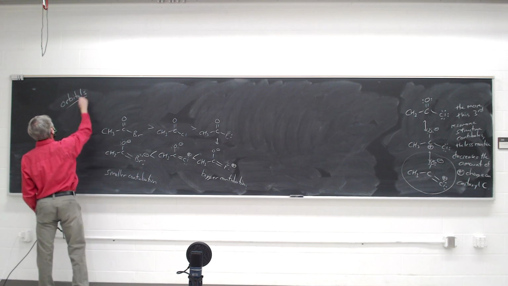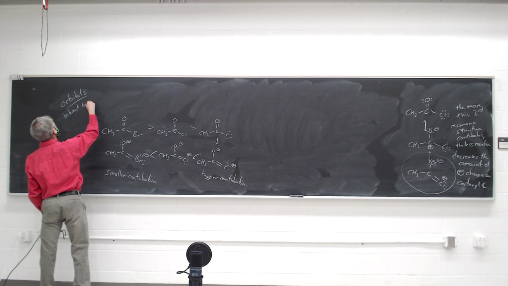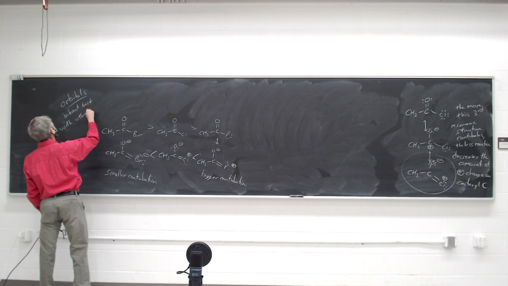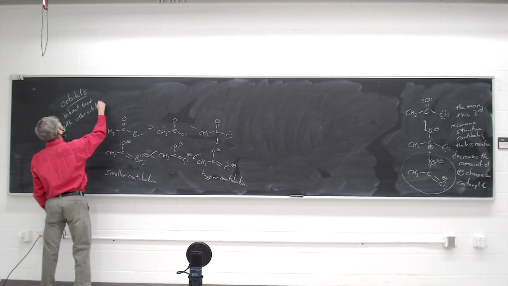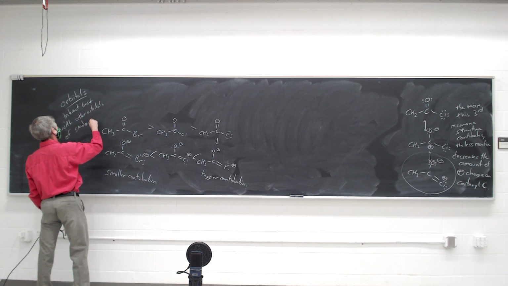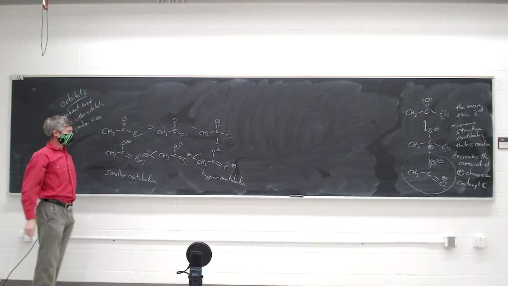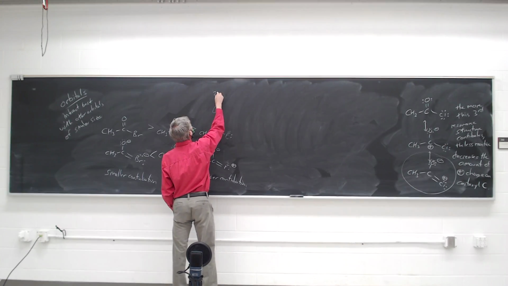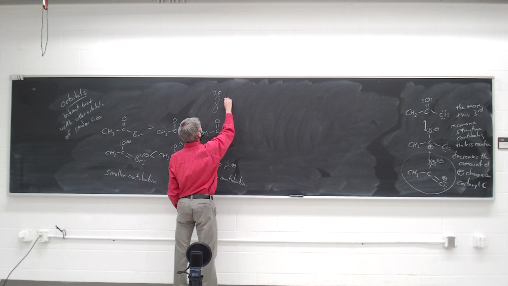And it's because orbitals interact best with other orbitals of the similar size. This is a 2p orbital on carbon interacting with a 2p orbital on fluorine.